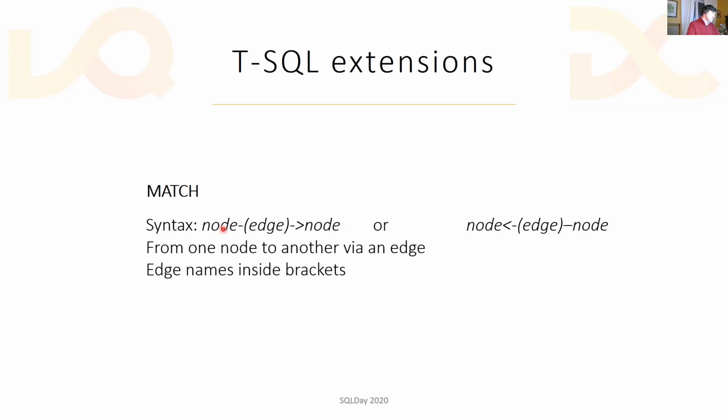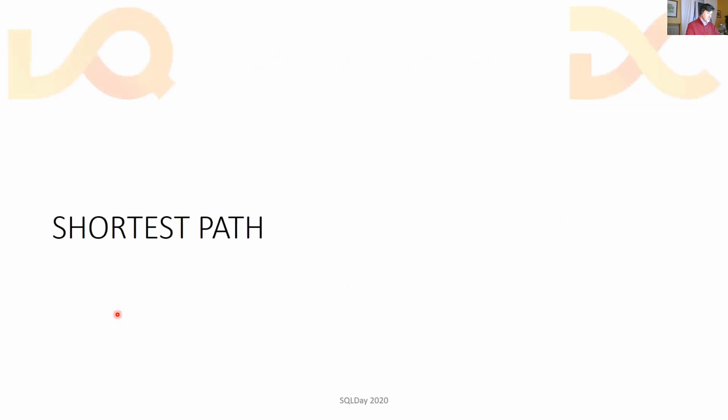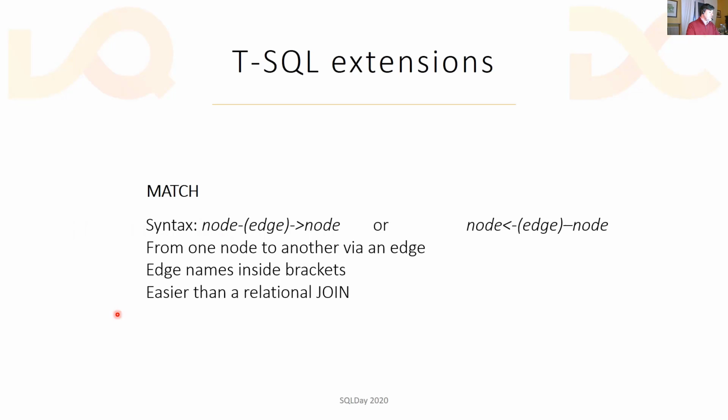The edge name must be inside the brackets. Just one row of code, easier to write than a relationship join. Okay. So that was the release of the graph features for SQL Server 2017.